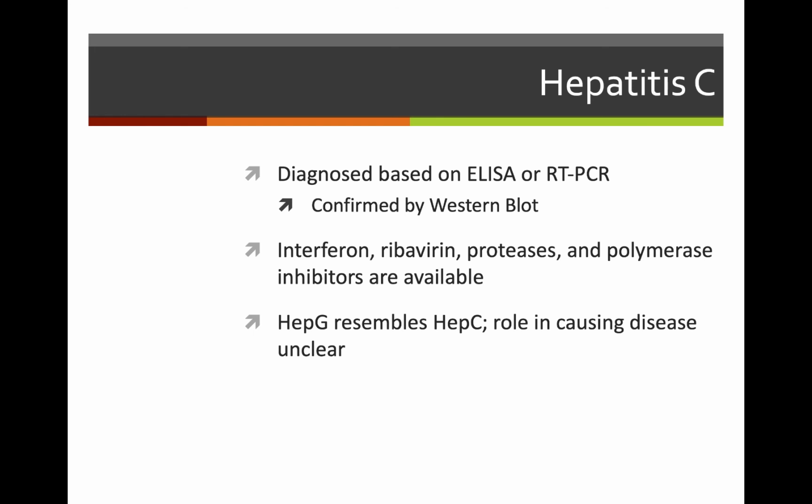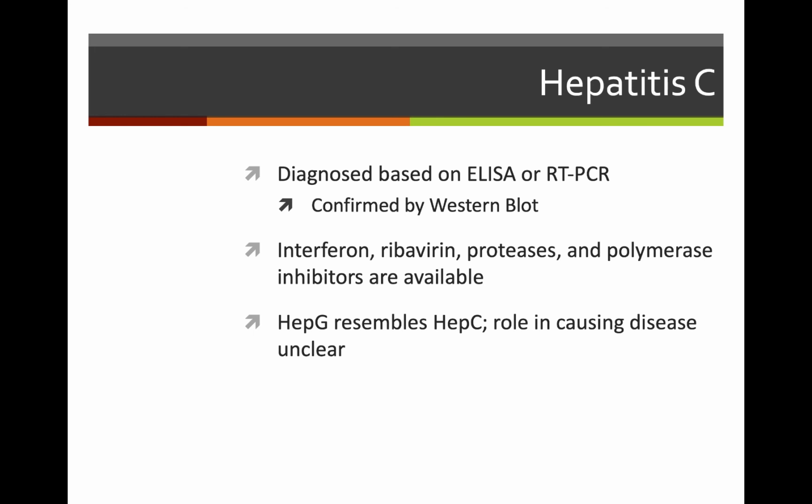There's a debatable role about whether or not it causes disease, even though it is a member of the Flaviviridae, so it is a flavivirus. It looks like hepatitis C, but they don't know whether or not it actually causes disease, and it kind of got classified into the hepatitis group because of its resemblance to hepatitis C.